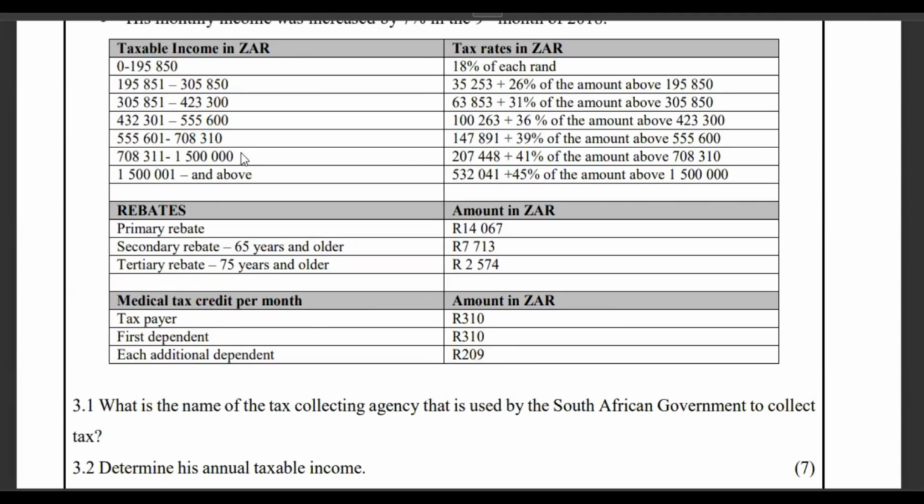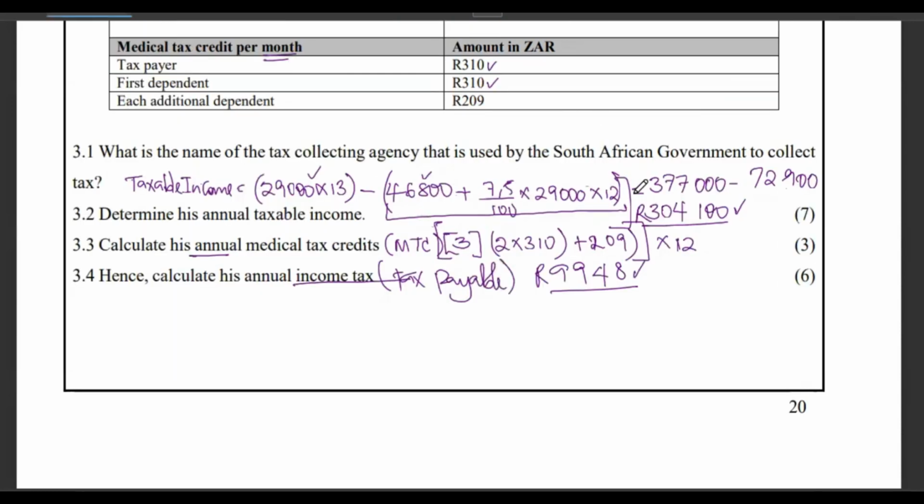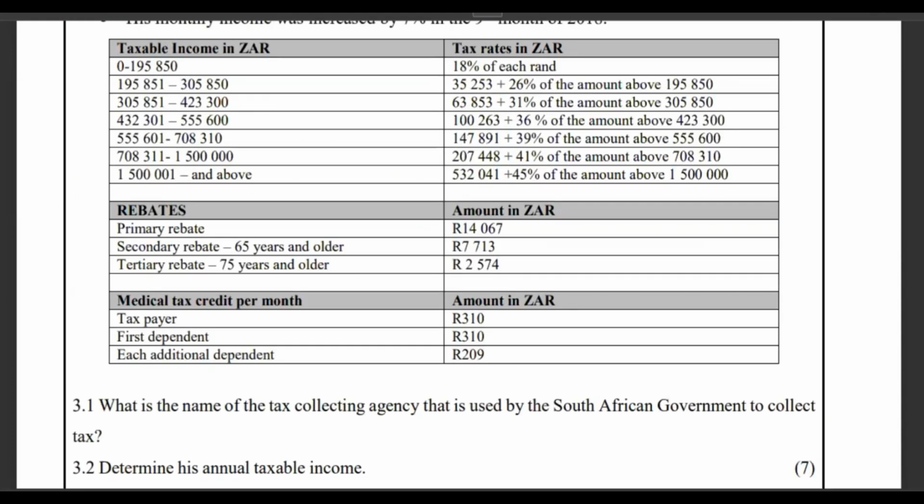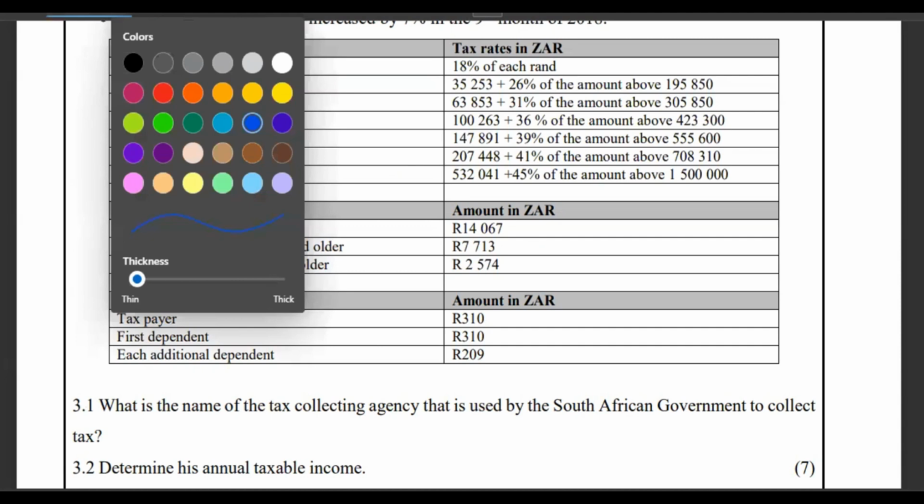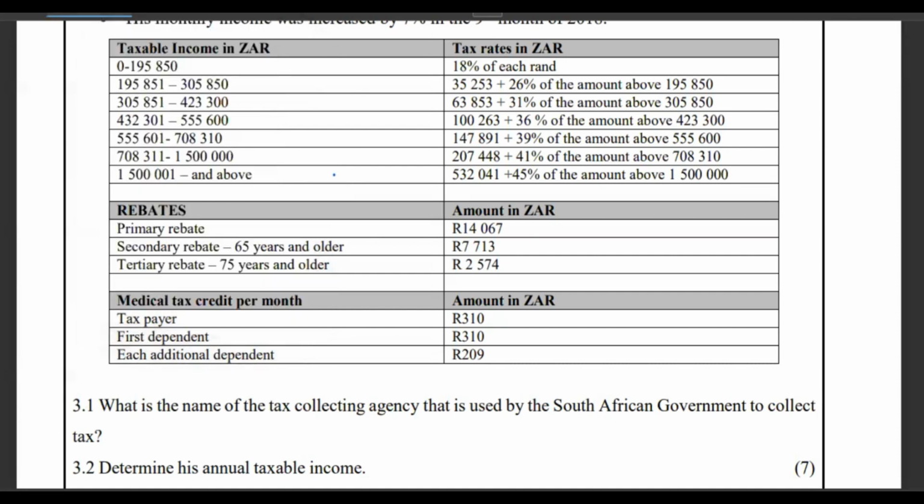We calculated and saw that the taxable income is 304,100. It will belong to this bracket here, bracket number 2.